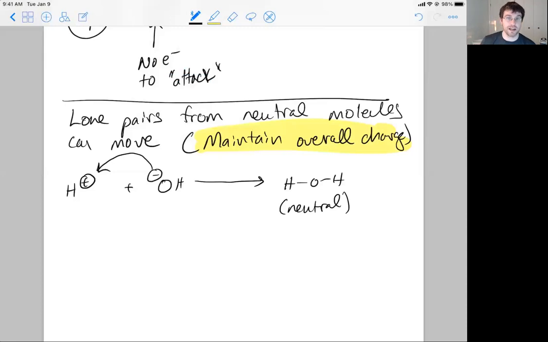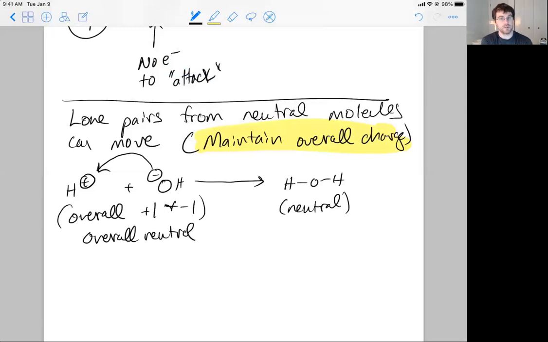That is, the charge on the H plus went down to 0, and the charge on the O minus went up to 0. But overall, we have +1 and -1 on the atoms. We are overall neutral. So when you're pushing arrows to show what types of products are being formed, the overall charge needs to balance on the left side and the right side of the equation.